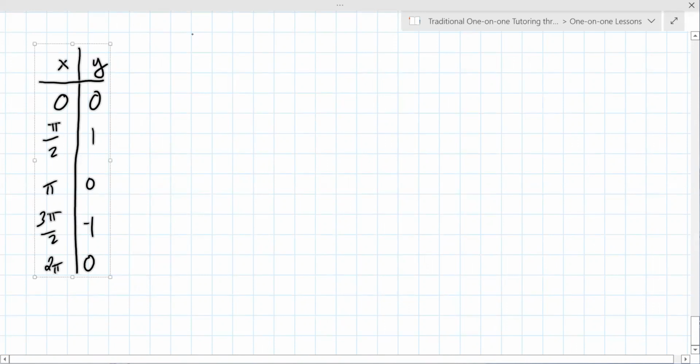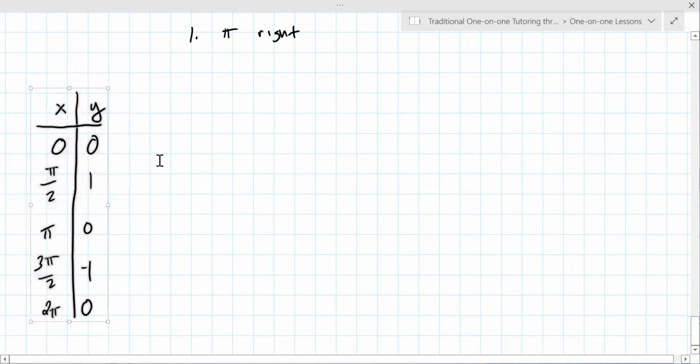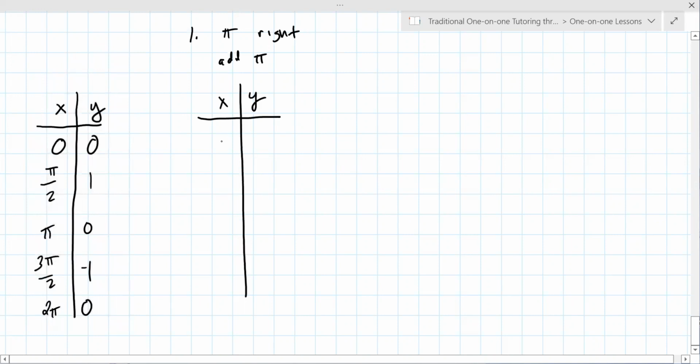The first thing we're going to do is go pi right. Pi right affects the x values only. So you're going to add pi to the x values. The easy ones are 0, pi, and 2 pi.